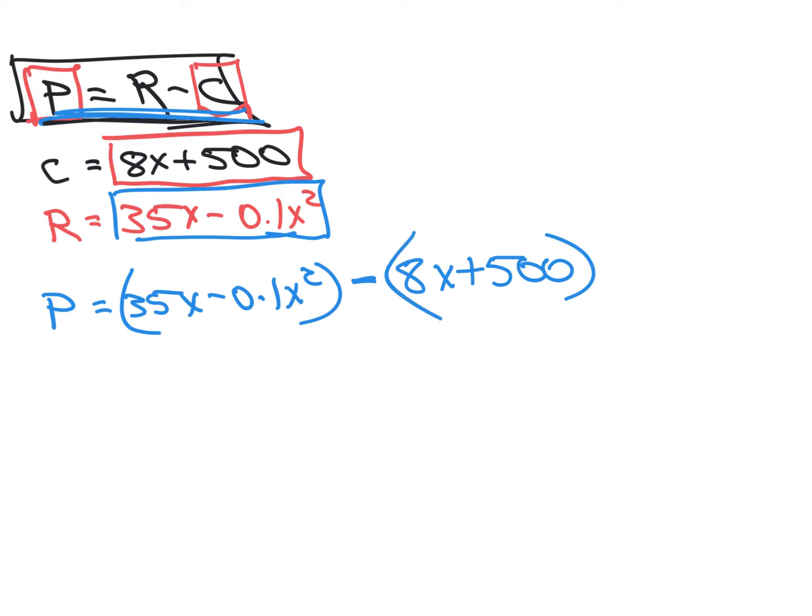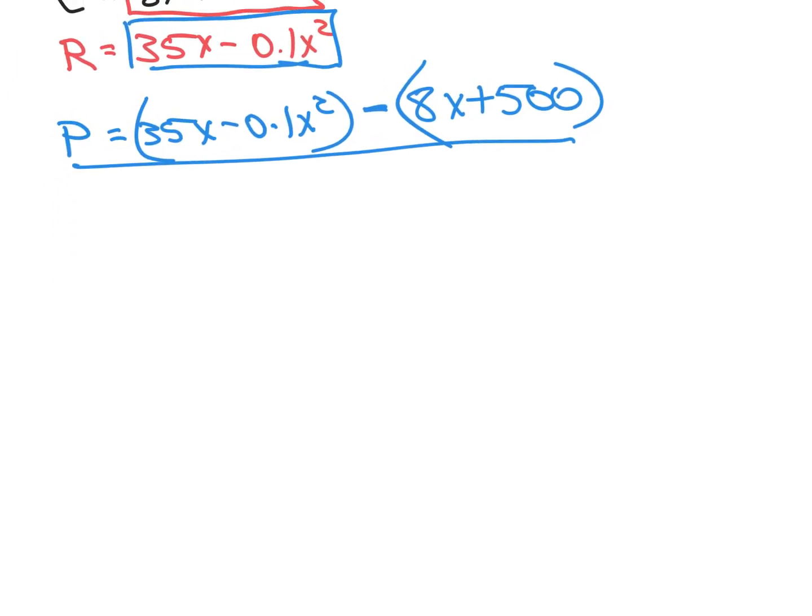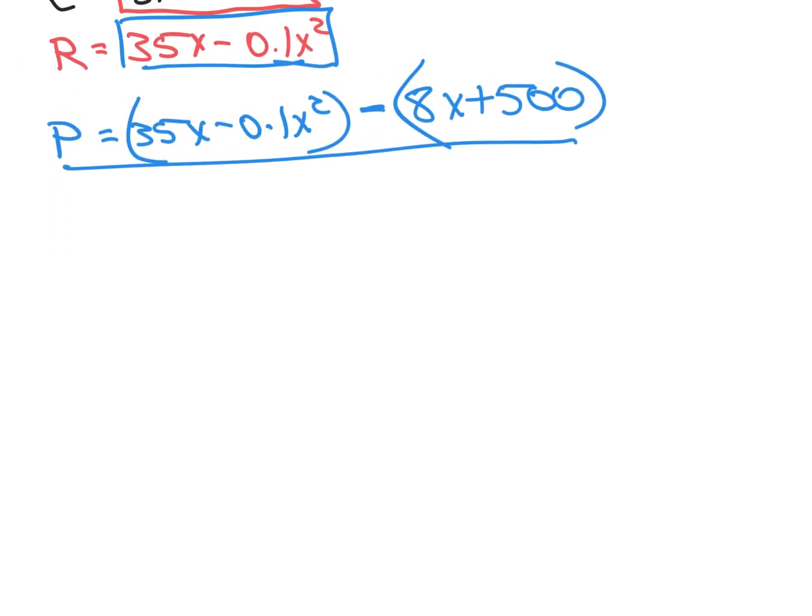So there's my formula. They're interested in finding out how much profit the company will make if they produce and sell 100 copies of the program a week? First of all, let's make this equation simpler and a little easier to work with.